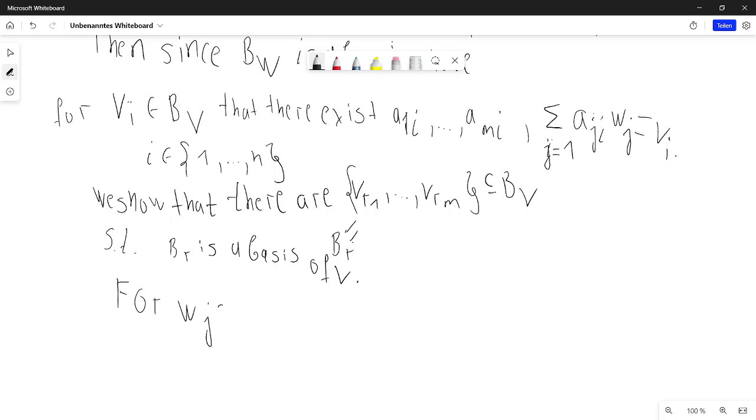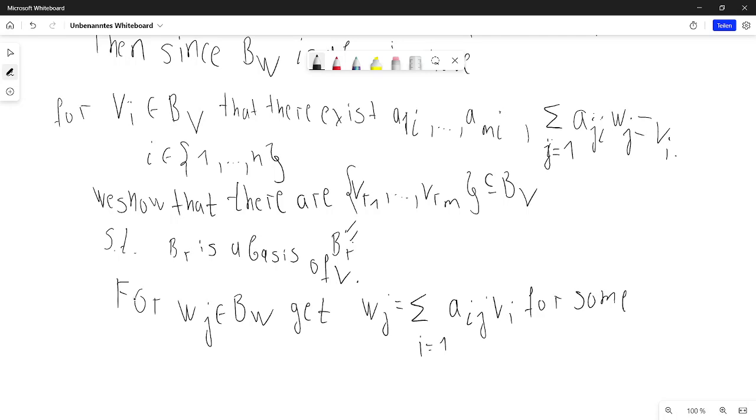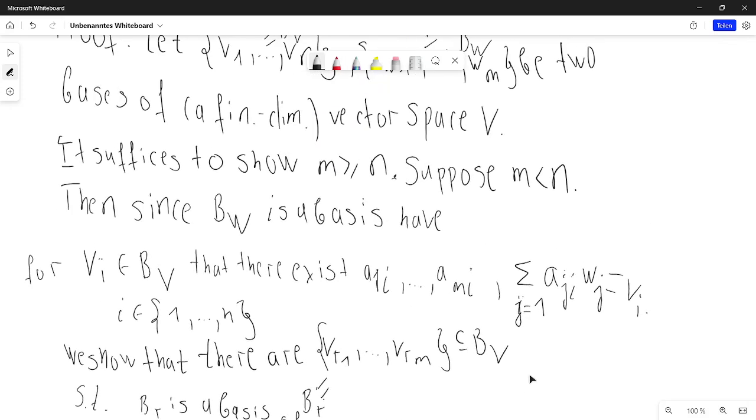For WG and element PW, get WG is equal sum over I equal 1 of A_IJ E_I. And that's 2m.